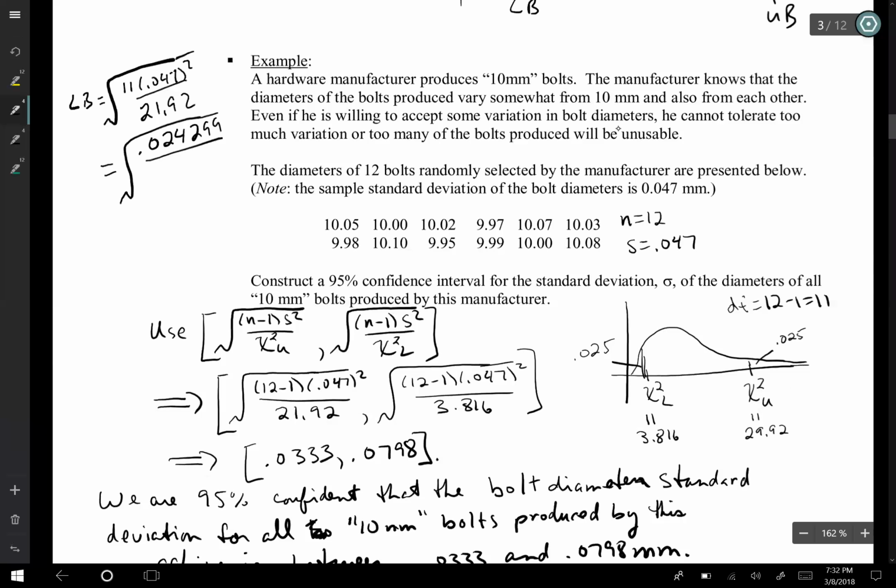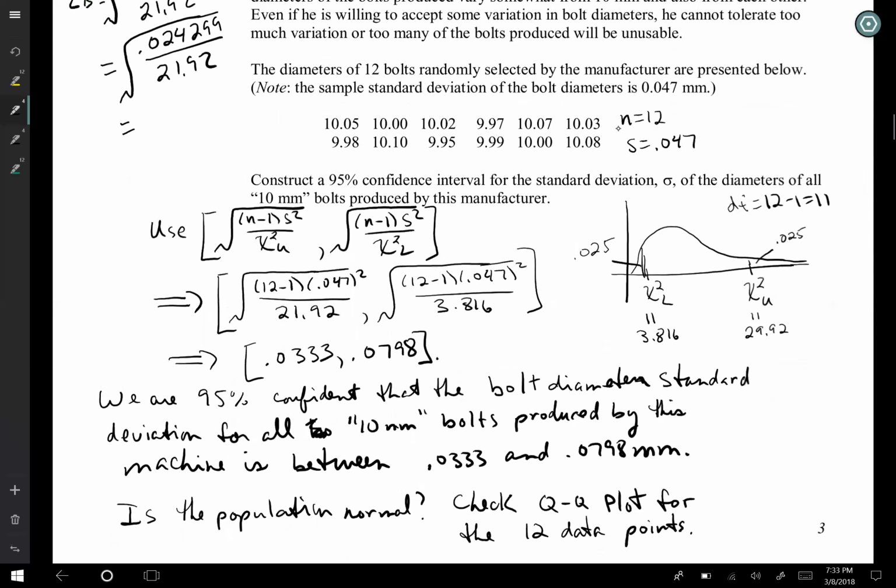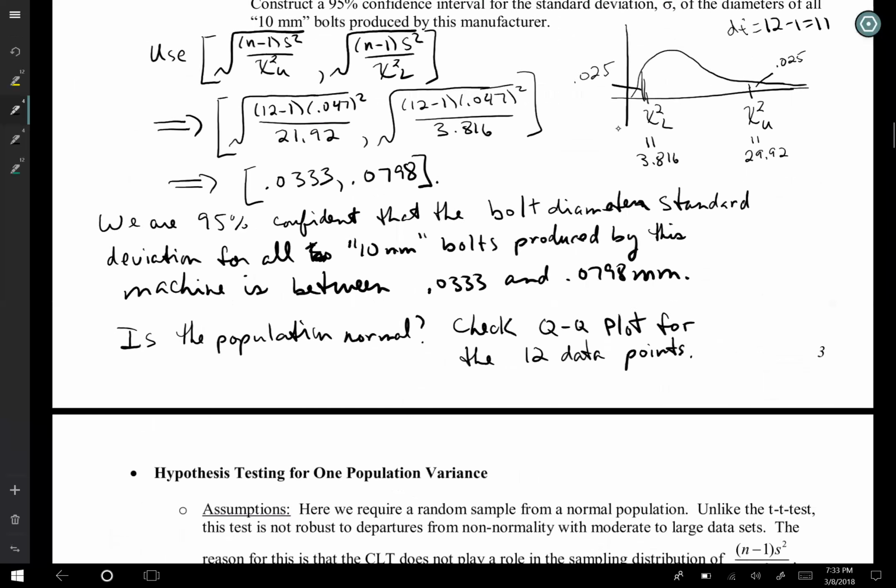I sure do. So that worked out? Yes. Okay, good. What was your upper bound? 0.0798? Yes. Okay, good. Well, that solves that mystery.